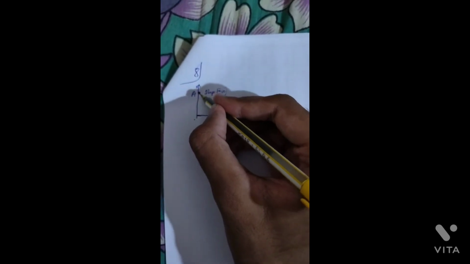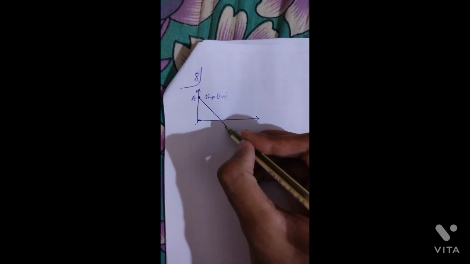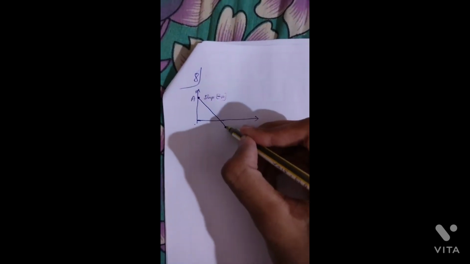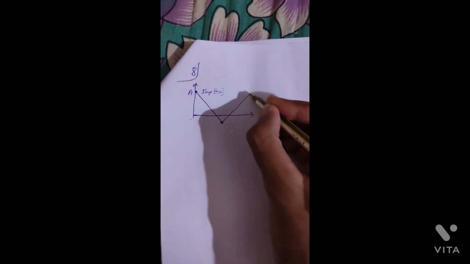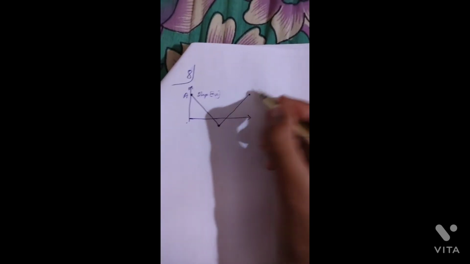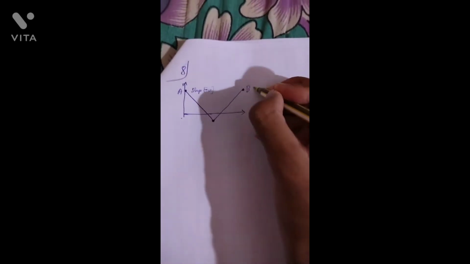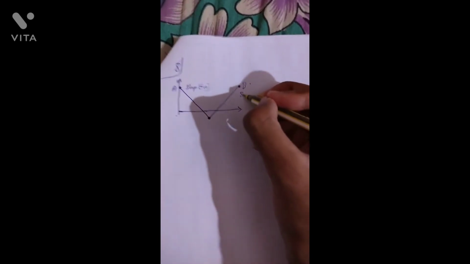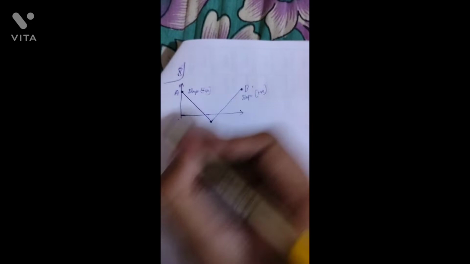Then you have to bring a straight line here till here, one point, and from here another point, that comes slope B. It is slope positive. Here it is negative, it is positive, it is negative, it is positive.